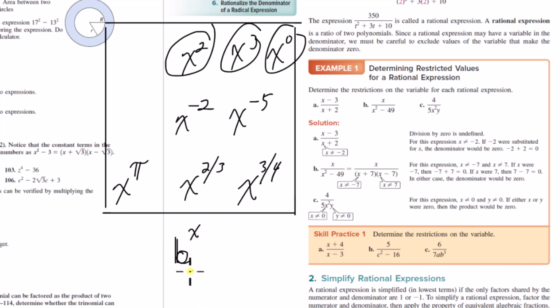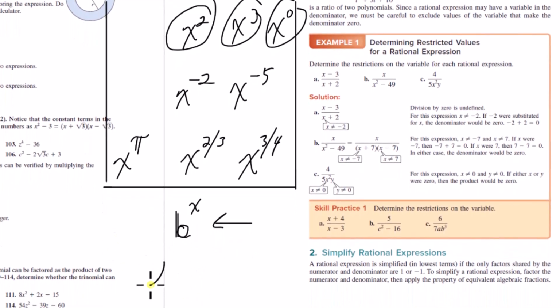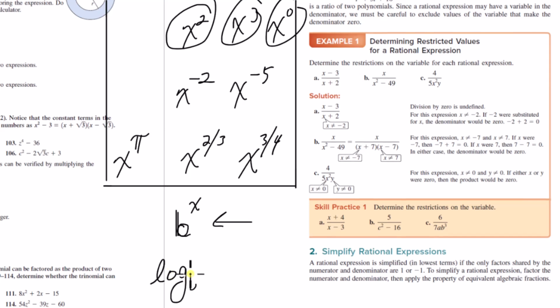And then a logarithm is just the inverse of this. It's the opposite of this, so log base b of x, in the same way that the root is the opposite or inverse of the exponent. Like you have x cubed, and then the opposite of that would be this. That's what these are.